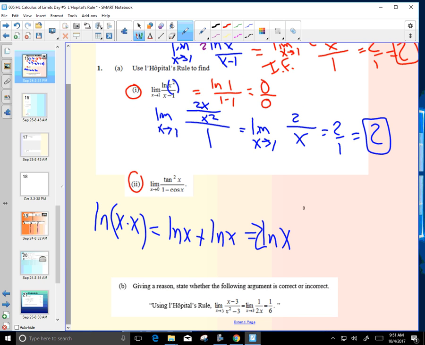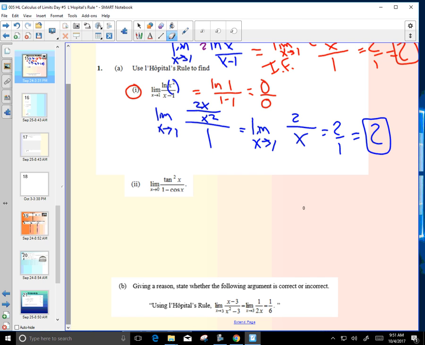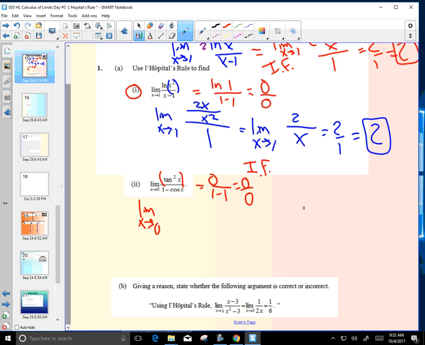All right, what kind of nightmare is this one going to be? I have tangent of 0 is 0. 1 minus cosine of 0 is 1. So is this an indeterminate form? Yep, so you got to write that first. Now, the limit, x approaches 0, tangent x to the second. So what's the derivative of that?